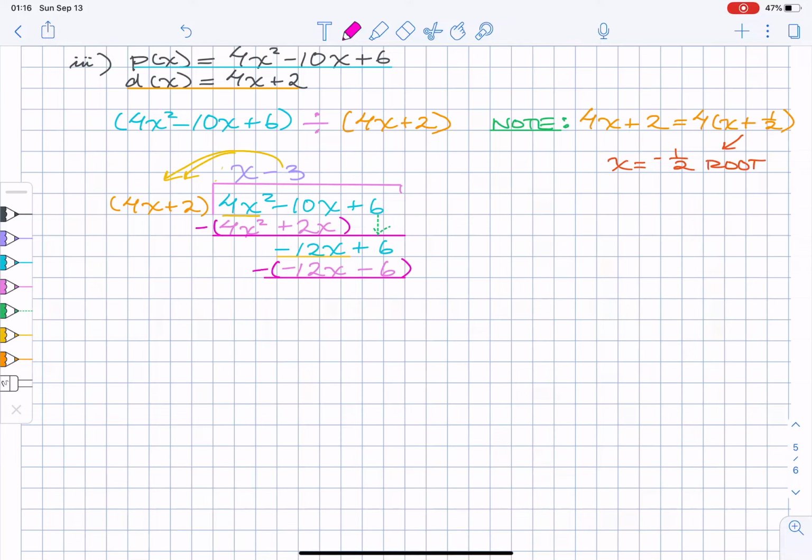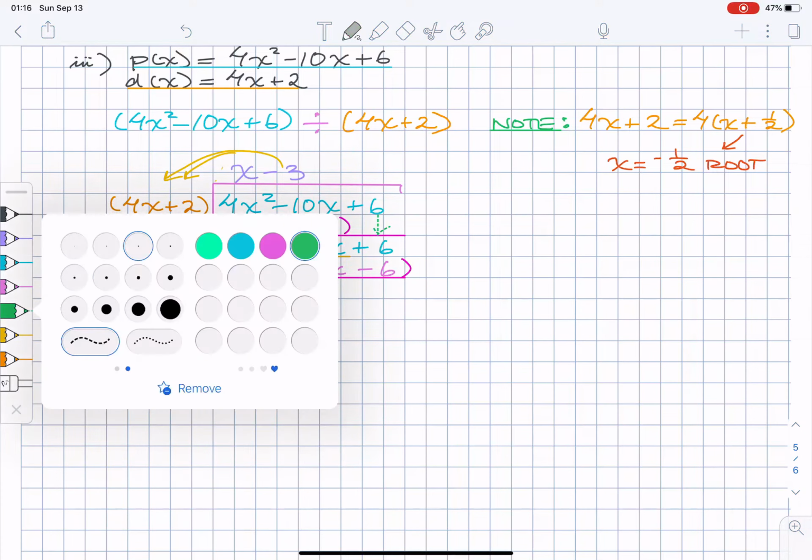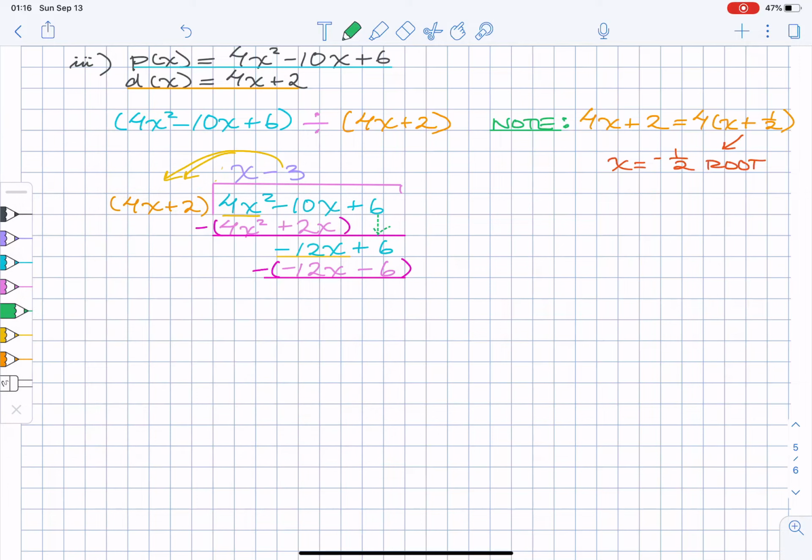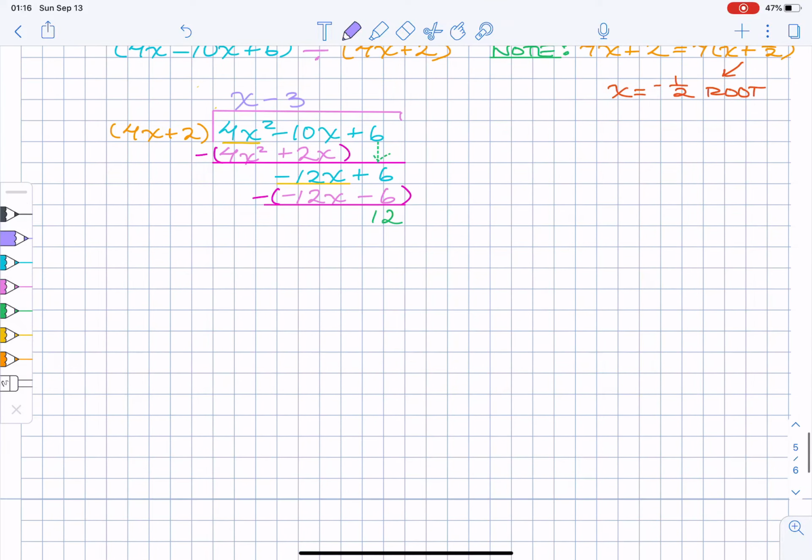Ugh, thank God. Okay, I wanted something other than 0, so 6 plus 6 is 12. Whew, our remainder is 12, yay. Okay, that's good, that's good. Okay, so my quotient, q of x, is x minus 3, and my remainder, r of x, is 12.